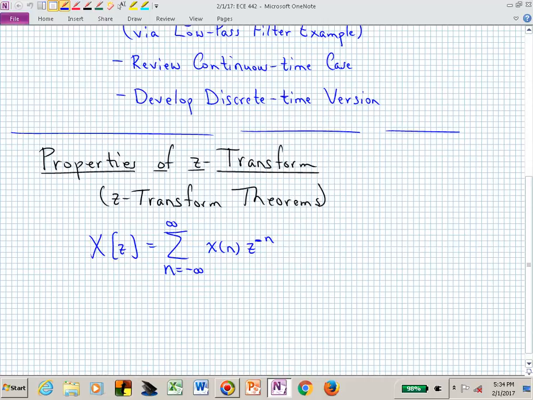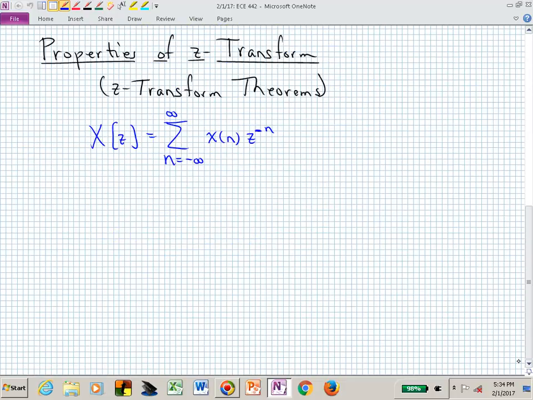Let's start then with Z-transform theorems. This is the definition of the Z-transform, and it's really just a way of weighting this sequence of time domain numbers that are captured in little x of n, and we weight it by this complex exponential.